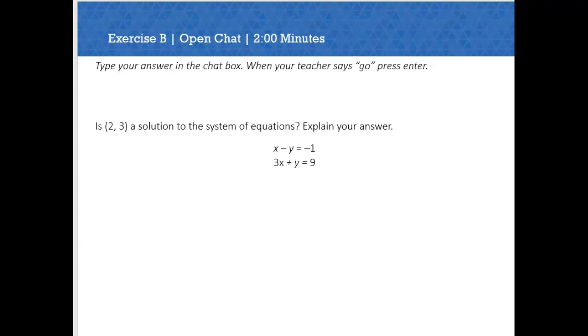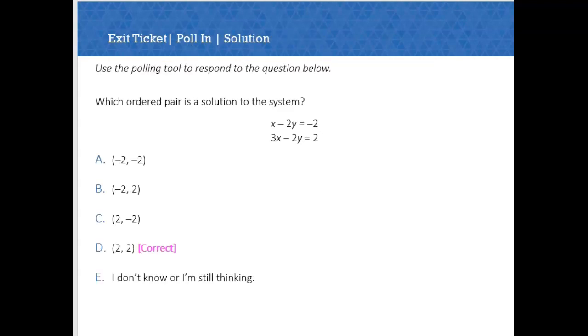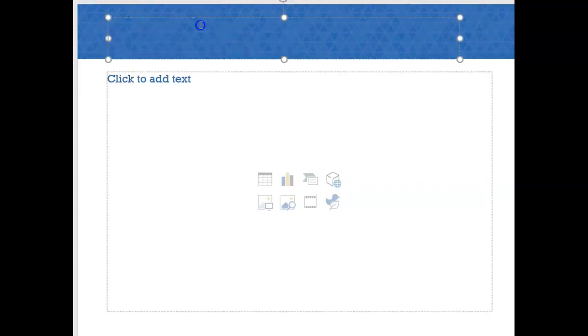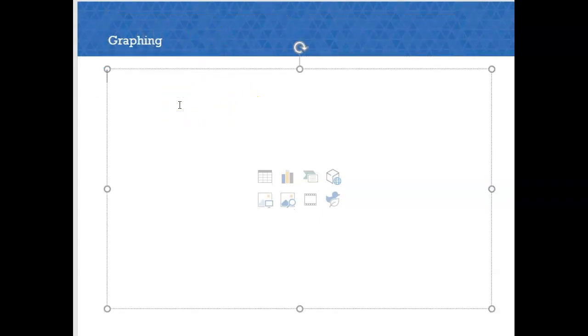And it'll be a good review. So let's do that. We're going to solve by graphing. So we have x minus y equals negative 1 and 3x plus y equals 9.